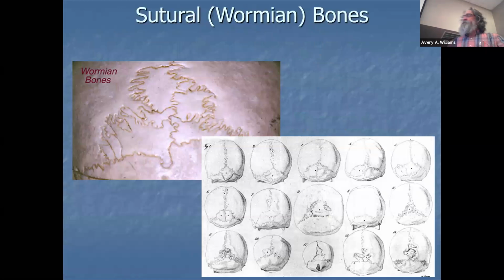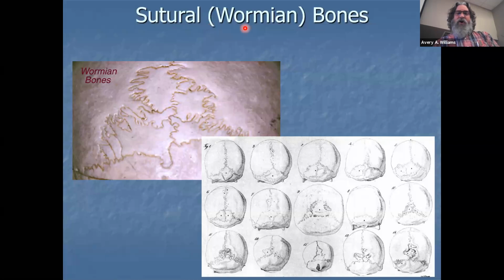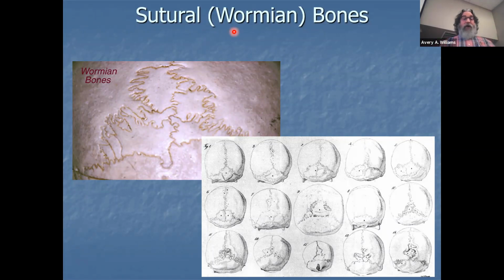Okay, so those are the sutures. Now, since I shared with you, this is another reason I like the lambdoidal suture, because these bones are typically associated with the lambdoidal suture. There's another type of bone called sutural bones, or the eponym is wormian.